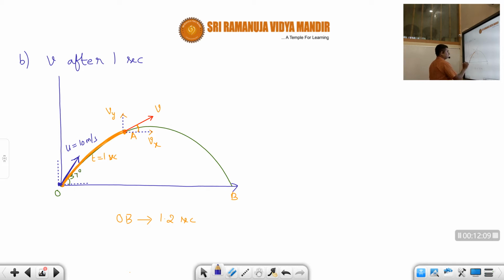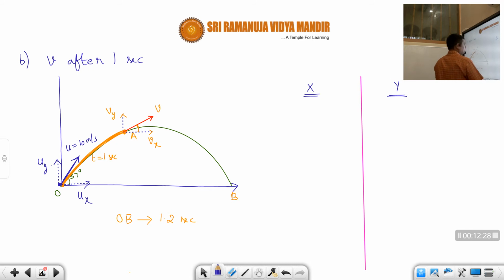This is called ux and this is called uy. Now we are going to resolve in x direction and in y direction. This is the standard step. Correct or not students? Always remember, whenever it is a projectile path, we always have to resolve into 2 directions.